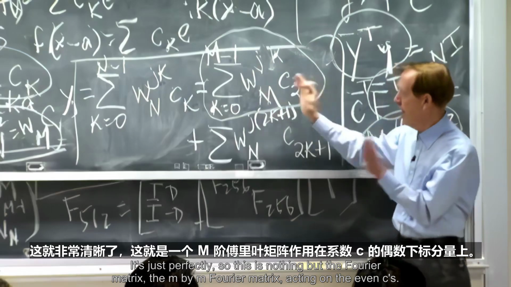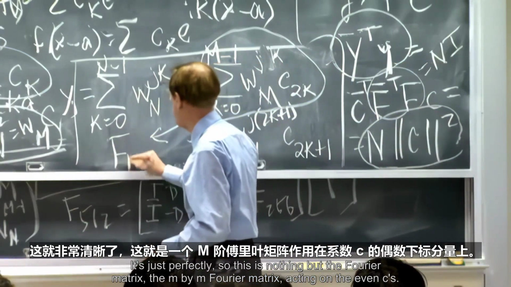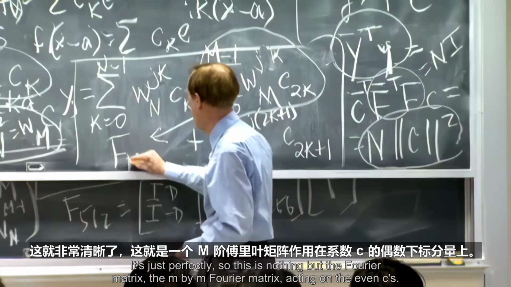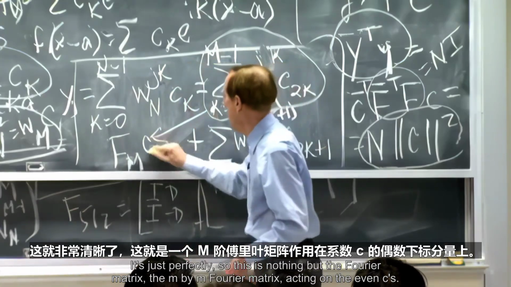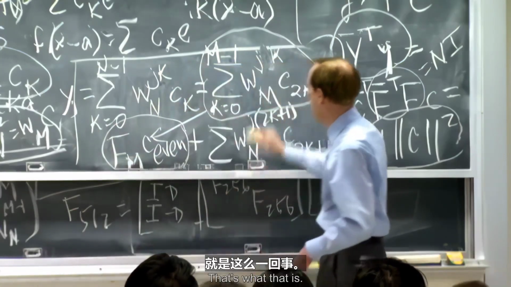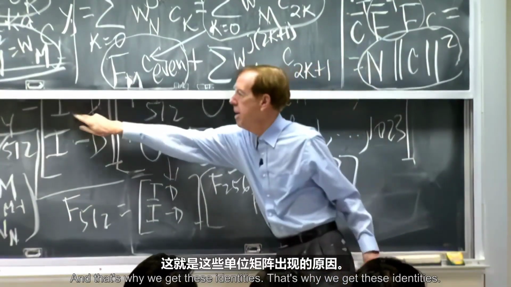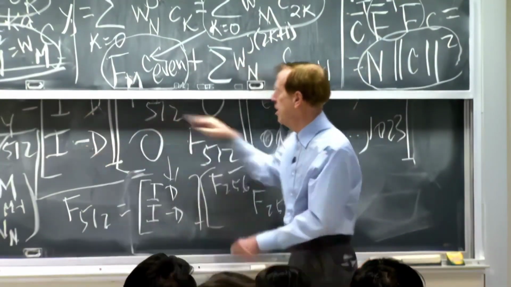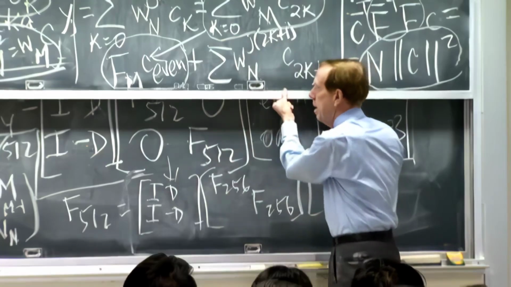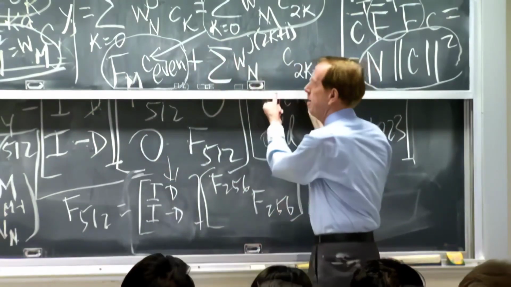So this is nothing but the m by m Fourier matrix acting on the even c's. That's why we get these identities, because they're acting on the evens. That's what the top half is, the even guys.